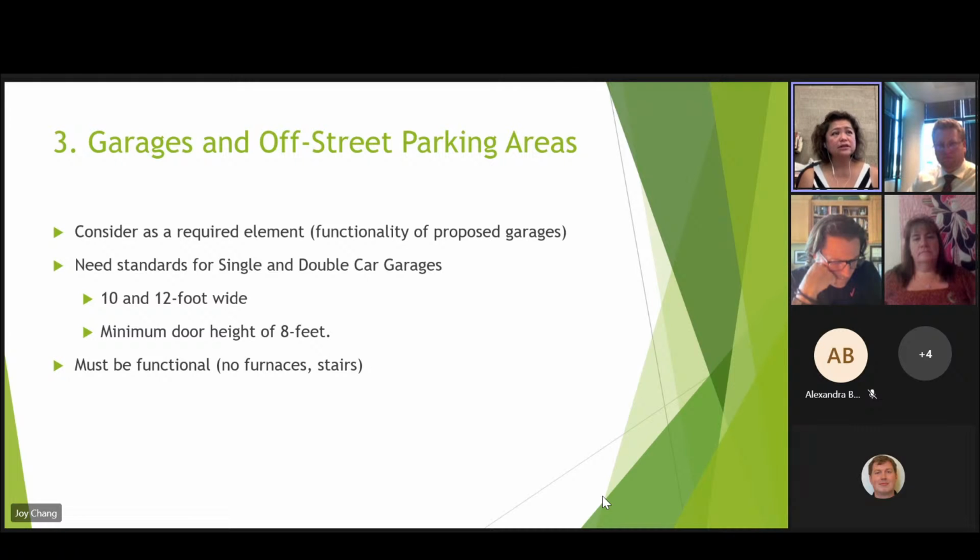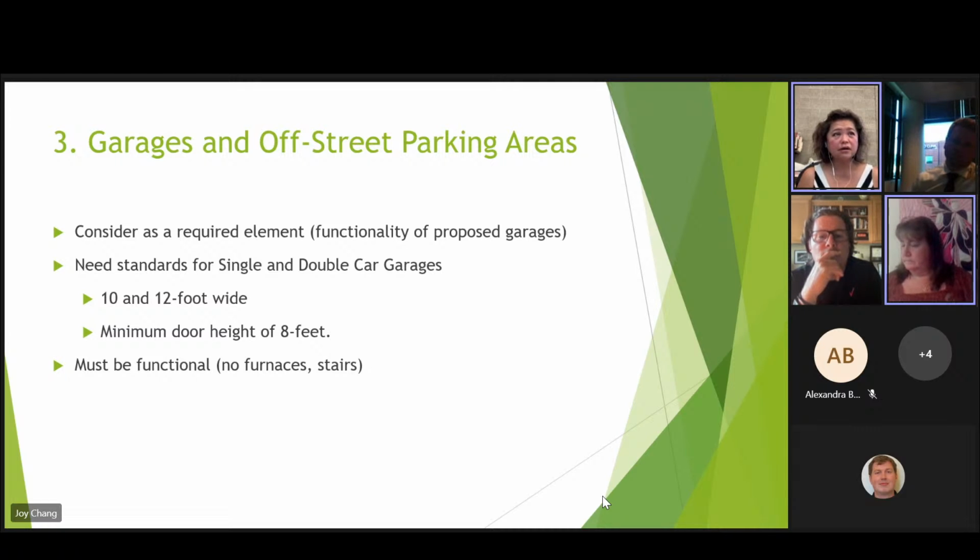I do want to let you know, I did talk to the building official, and he did say that the building code itself has minimum sizes for habitable rooms, but does not have any specific requirements for garages, other than that the floor shall be non-combustible material and shall be sloped towards the door opening.